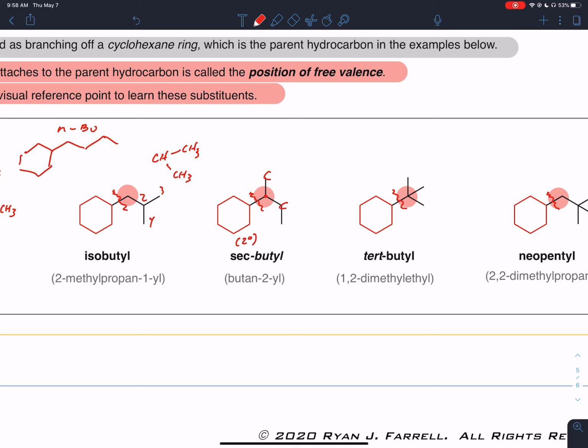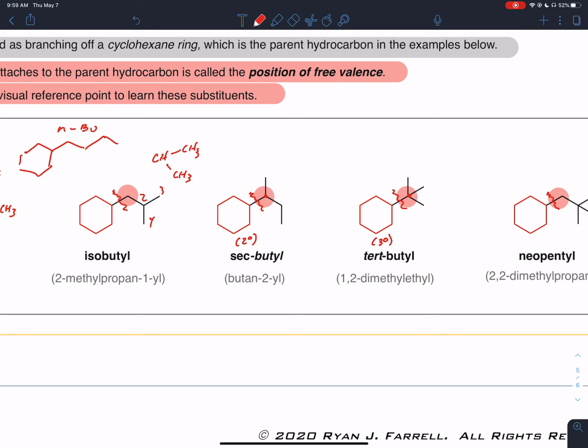It is bonded to 2 additional carbons, as opposed to tert, which signifies that the carbon at the position of free valence is tertiary. It is bonded to 3 additional carbons, again, besides that carbon of the parent hydrocarbon.